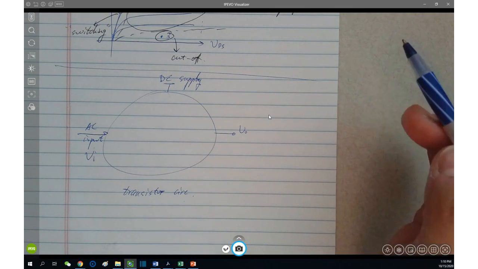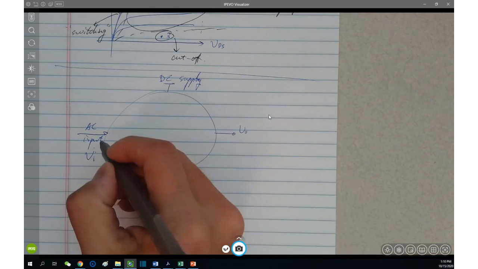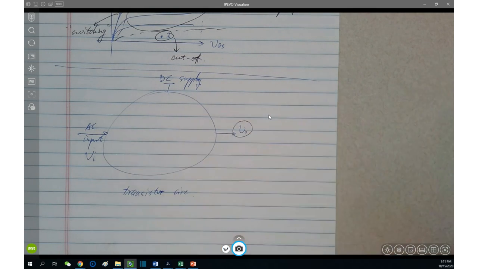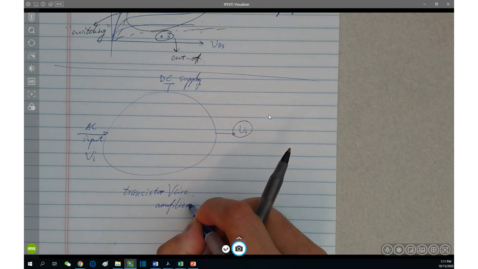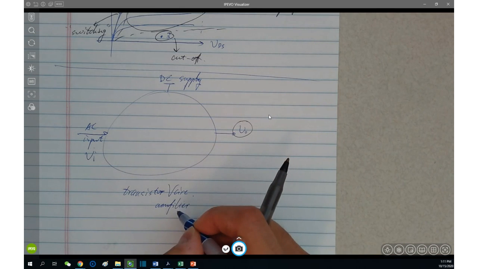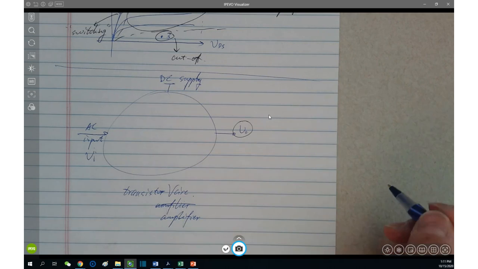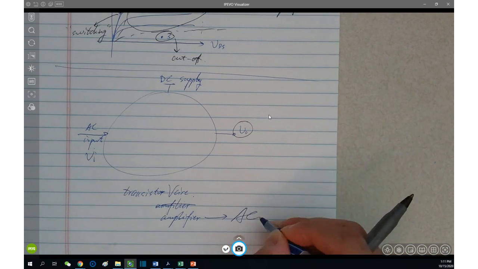Of course, as we just discussed, they are the reason why we conduct DC and AC small signal analysis. But your output is trying to amplify what? Because it's a transistor amplifier circuit, right? The amplifier circuit is trying to amplify AC, which is this one.